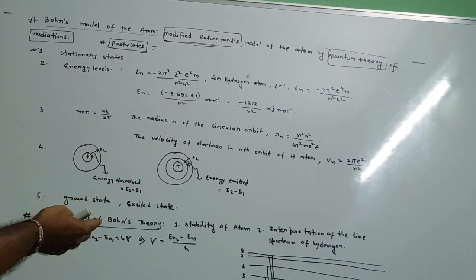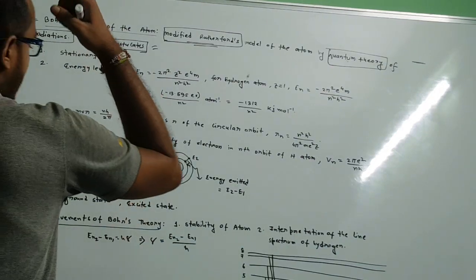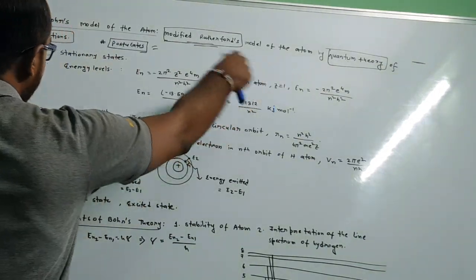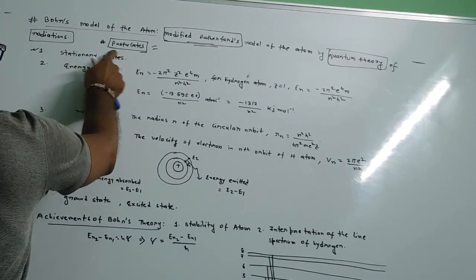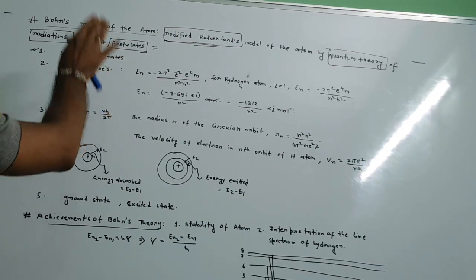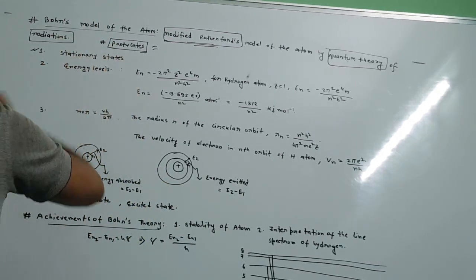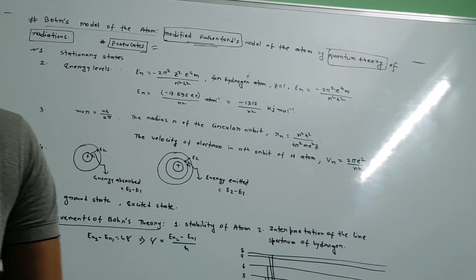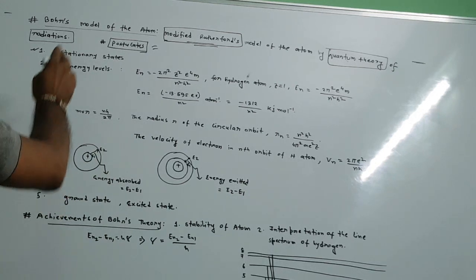So if the electron should lose energy, then it will collide with the nucleus. But as Bohr's model is based on the quantum theory of radiation, he explains that an electron stays in a particular orbit, and that particular orbit has fixed energy. Such an orbit is known as a stationary state, and it does not lose energy.